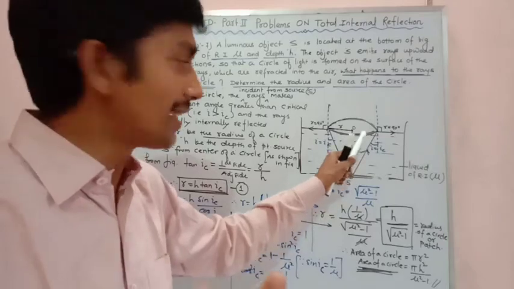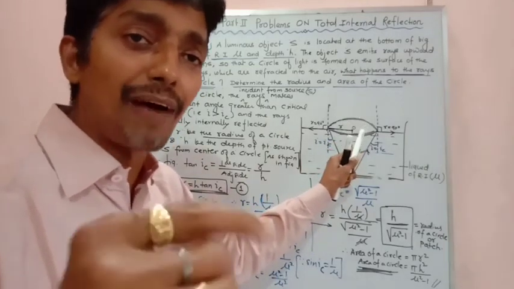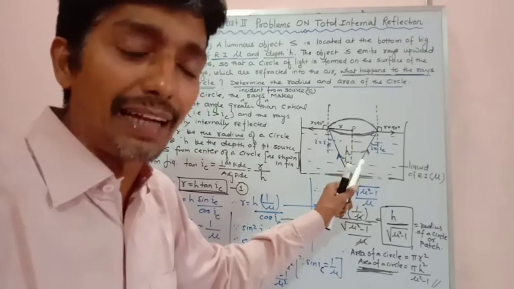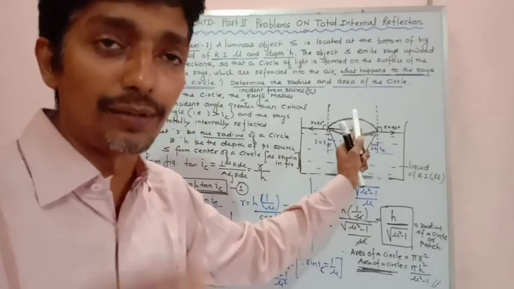So you are all clear that this circle is formed due to the refracted ray. Sometimes people ask to find the area of the thing observed due to the refracted ray. What is observed due to the refracted ray? A circle is observed on the surface.